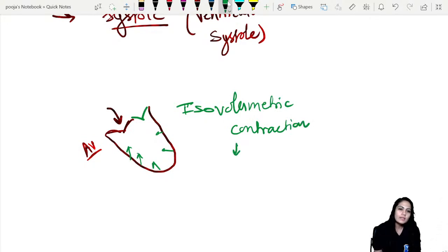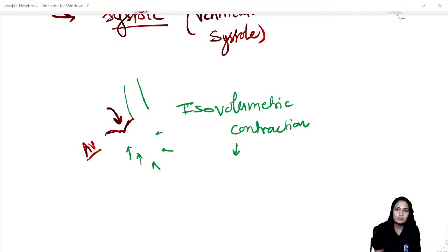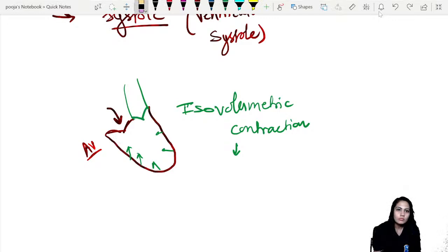Then as soon as the pressure in the ventricle exceeds that of the corresponding artery, these valves will open like this, and the blood starts ejecting out. So the ejection, the volume changes, are going to happen.